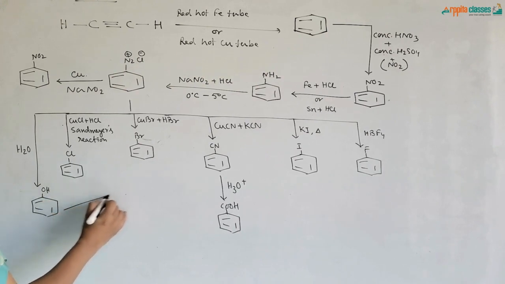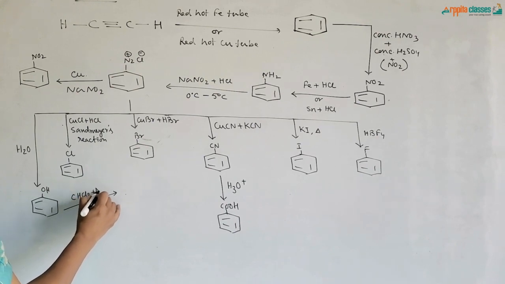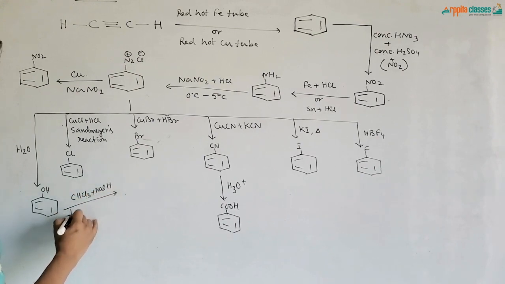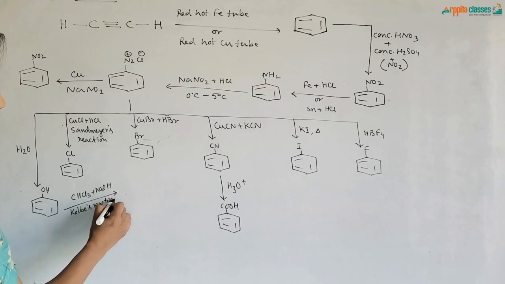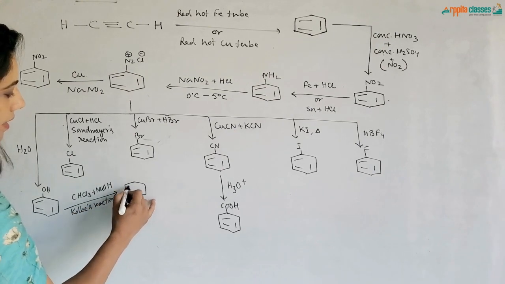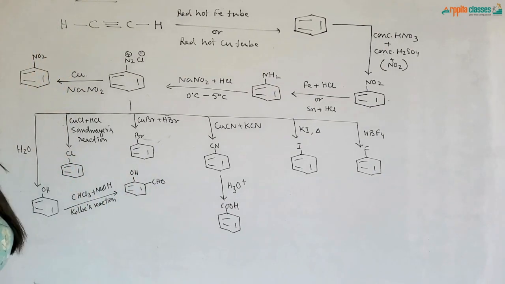Now from phenol, if I treat phenol with CHCl3 plus NaOH, this particular reaction is called the Reimer-Tiemann reaction. I get salicylaldehyde or ortho-hydroxybenzaldehyde, which is also called salicylaldehyde. It's a name reaction.